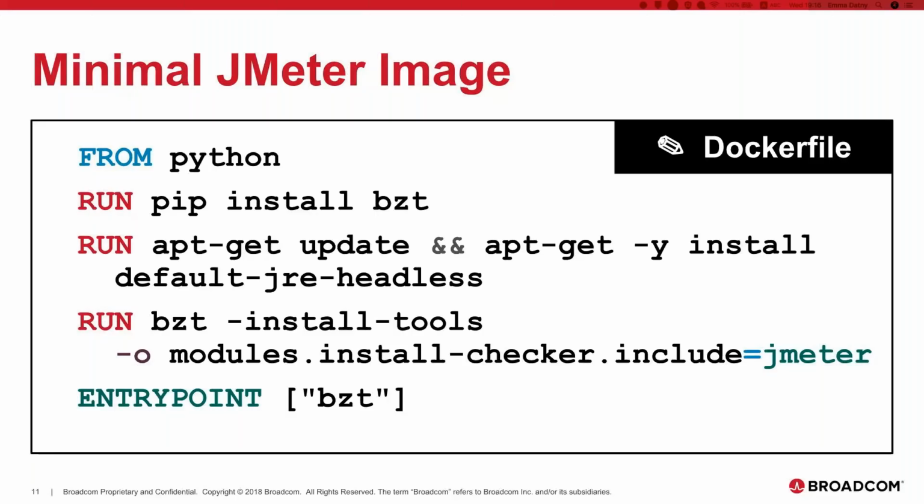It makes sense to use some pre-existing image as your base layer. After that, we use the pip command to install Taurus. This is the command to install Taurus: pip install bzt, and RUN is the instruction for Docker to execute this. After executing this command, bzt will be available inside the Docker image.